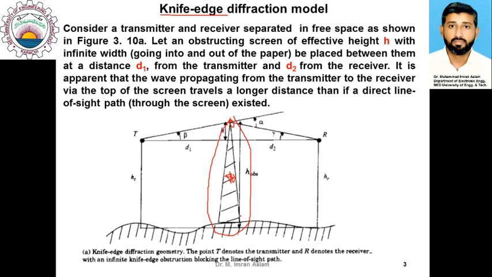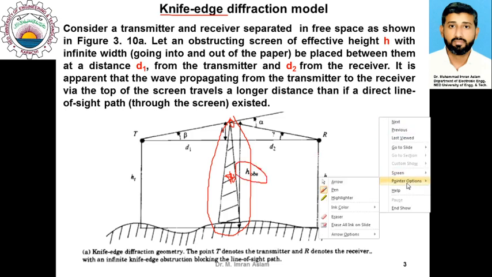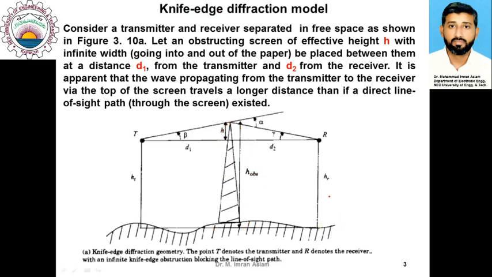So the plane which is coming inside and outside of this paper would be carrying an infinite width of this screen. So we assume that this screen has height h, the height of this obstruction is h. This particular height of obstruction is blocking the path between transmitter and receiver.